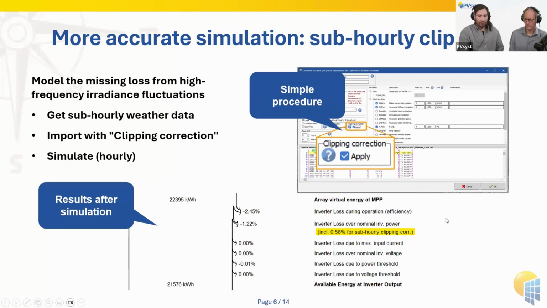The result is that nothing will change in your procedure once you design your project. But once you look at the losses, especially the clipping losses, you will find that we have added a contribution from this model. This is really us moving forward in making the simulation more accurate, and this opens up a lot of possibilities. So we're really glad to implement this.